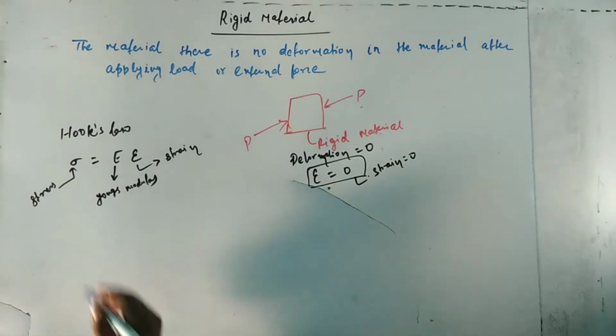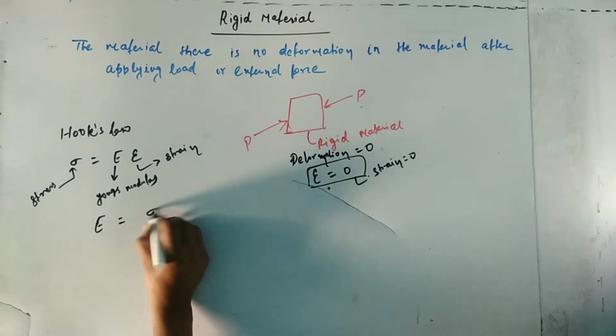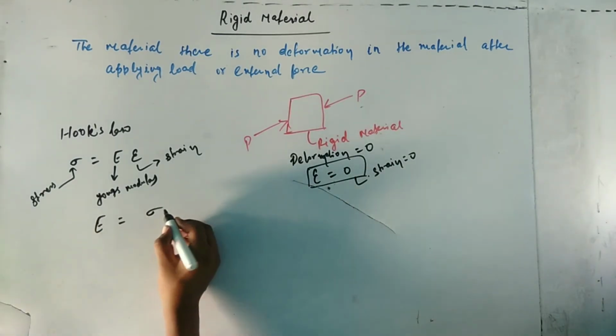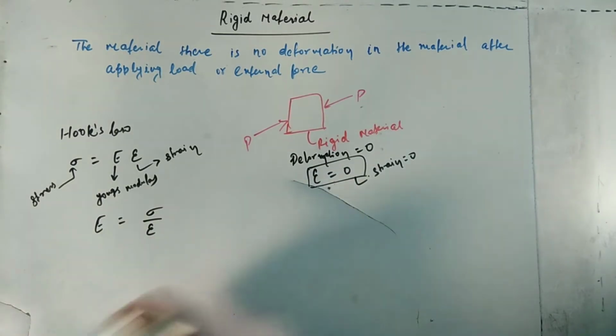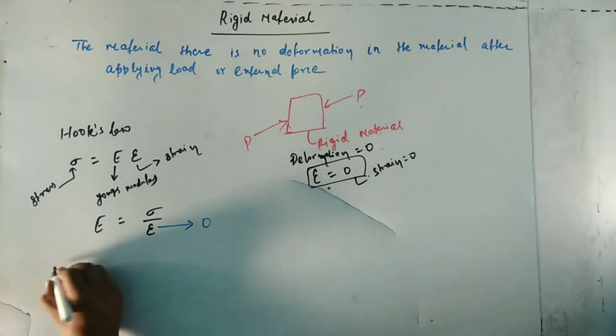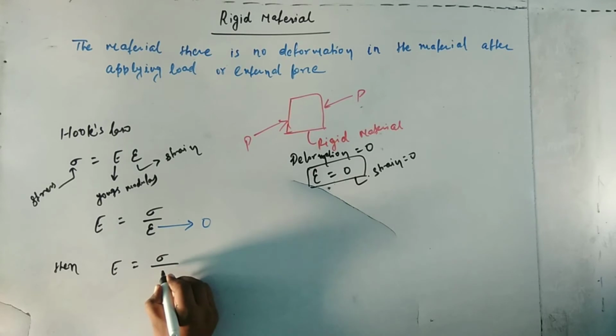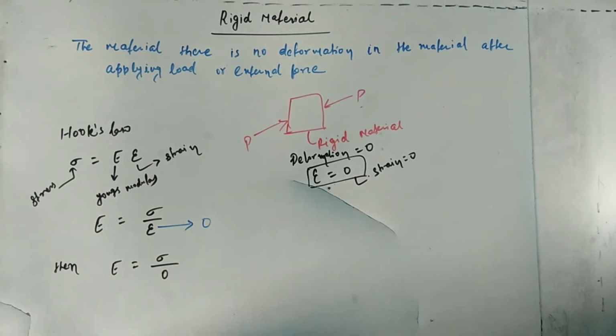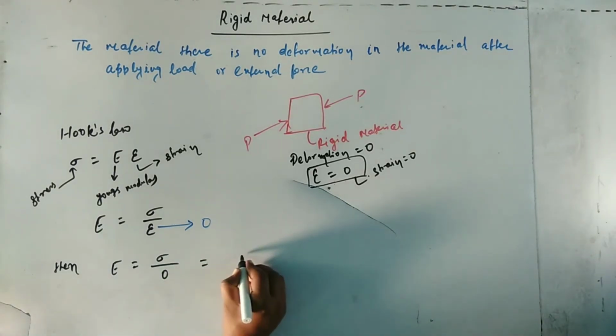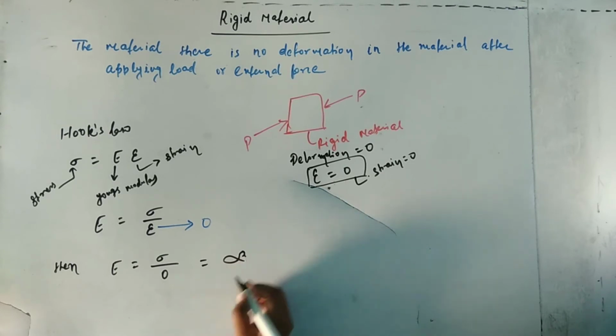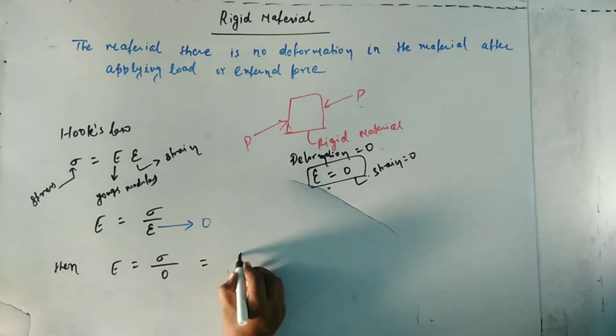Therefore, Young's modulus E is equal to sigma by epsilon. Now, in case of rigid material, epsilon, that is the strain, is equal to 0. Therefore, E is equal to sigma by 0, which is equal to infinity. E is equal to infinity.